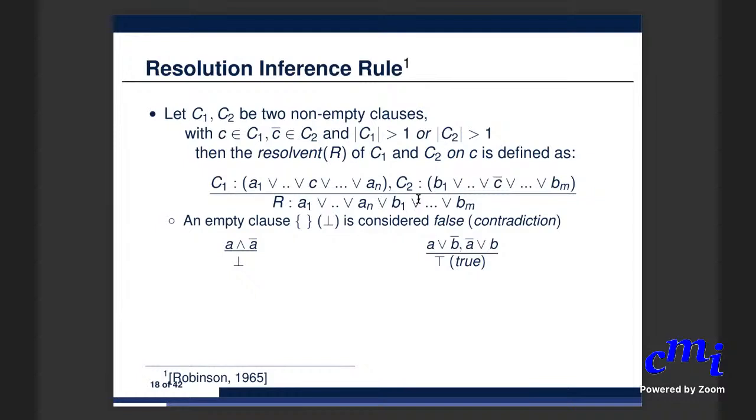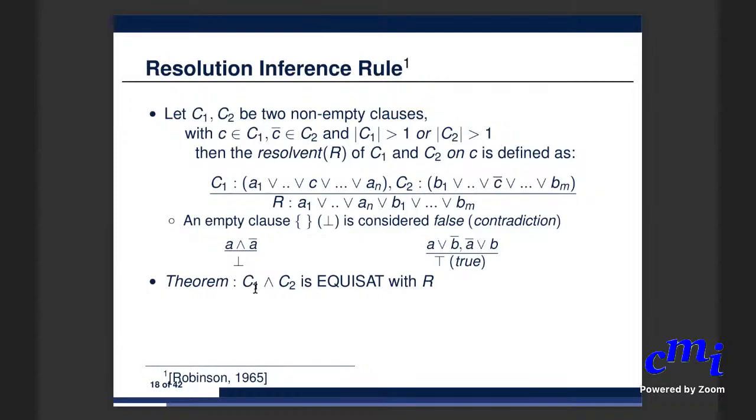Okay. Yeah. So what is the theorem? This is also called the soundness theorem of resolution. By the way, this resolution inference is called binary resolution because it is applicable to a conjunction of two clauses.